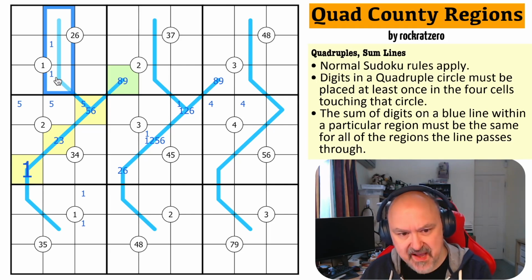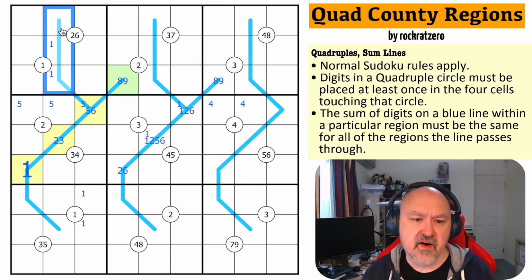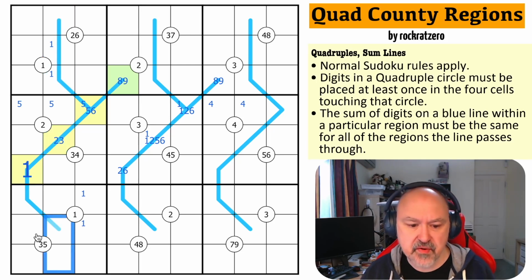Because I must have a 2 or a 3 on it. So the 3 can't be down here. Because if it's 8, it's 1, 2, 5 or 1, 3, 4. And if it's 9, it's 1, 2, 6. Well, it can't be 2, 3, 4 or 1, 3, 5. So there's either a 1 with a 2 or a 3 on this and a 2, 3 here. So I can never put a 3 down here and there is a 3 down here.